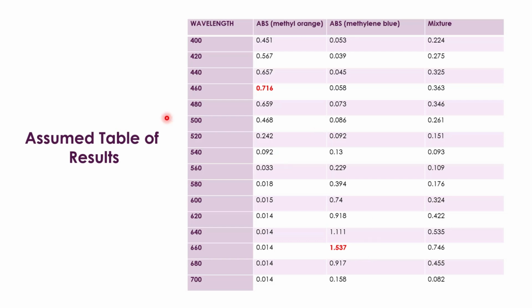So at a wavelength of 460 nanometer, it is expected that the methyl orange in the mixture will absorb, with the value of 0.363 over here, and also at a wavelength of 660 nanometer, the methylene blue in the mixture will have its maximum absorption with a value of 0.746.